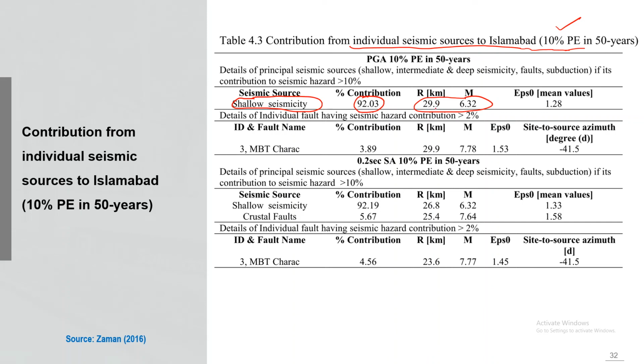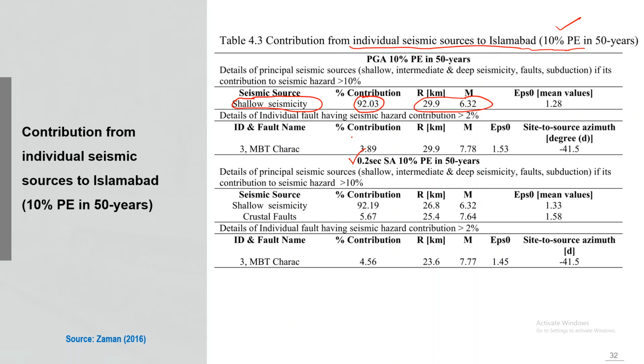This is the most contributing M and R scenario for this particular site at DBE level and for PGA. For 0.2 second spectral acceleration and for MCE level also we will have this information if we perform the seismic de-aggregation analysis. So this is just a quick introduction.